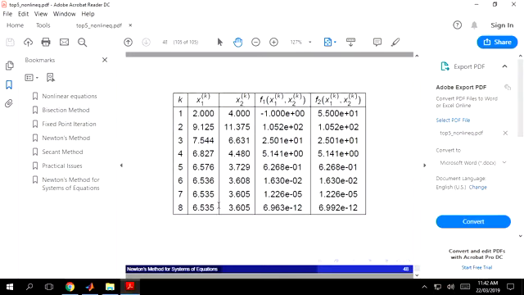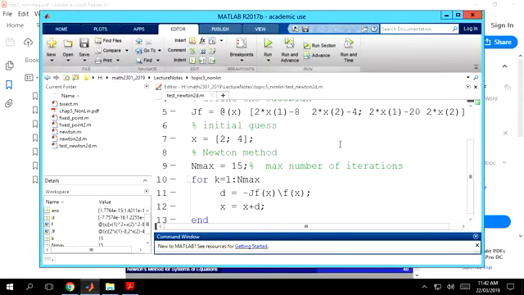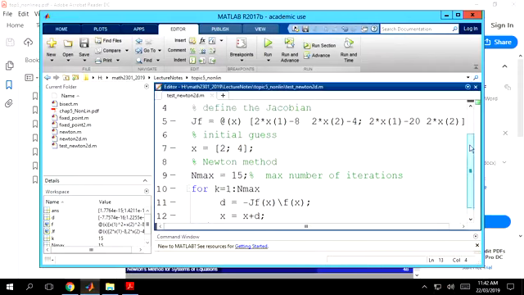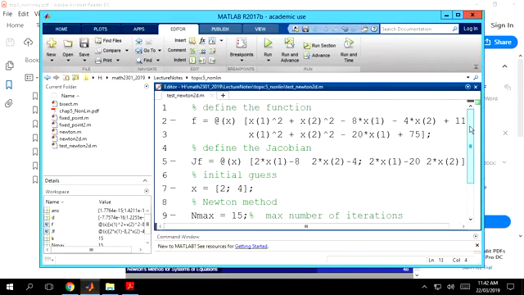But what happens if you miscalculate the Jacobian? You miscalculate the Jacobian, then you don't get what you want. Suppose I put like 8 here, I forgot to put in here, okay? And what is going to happen?